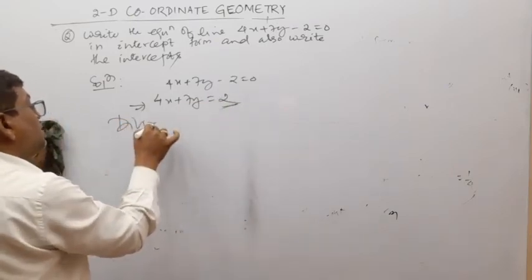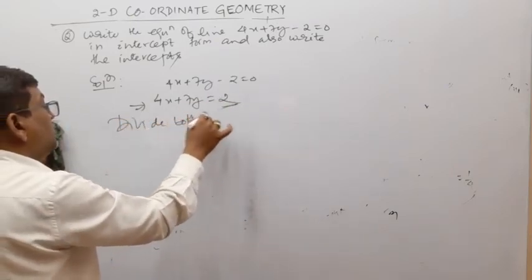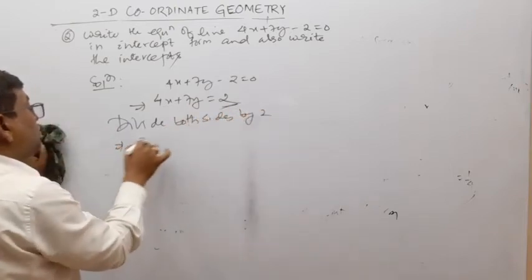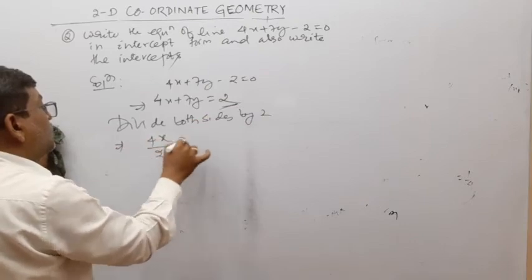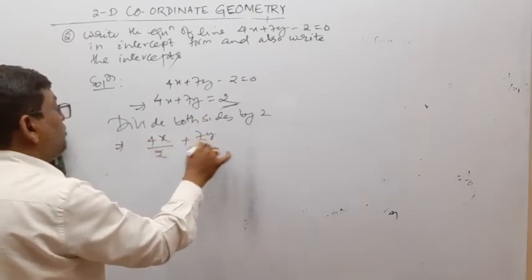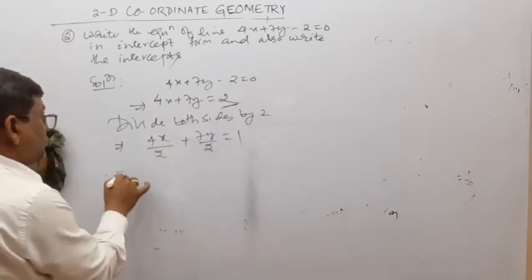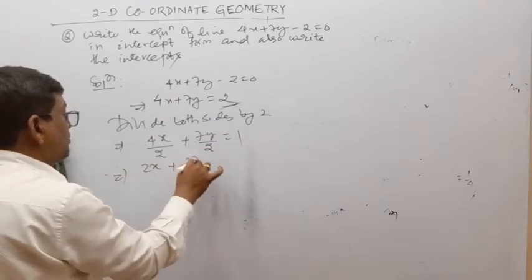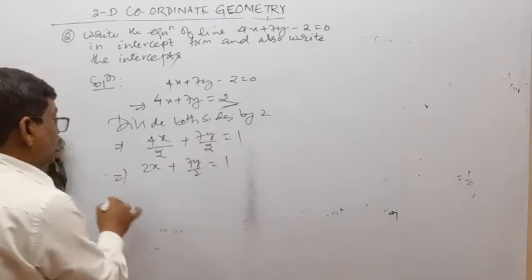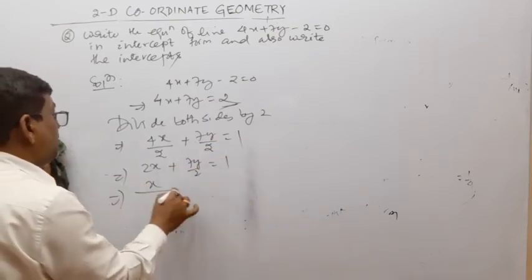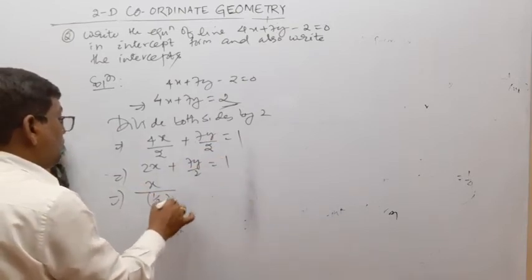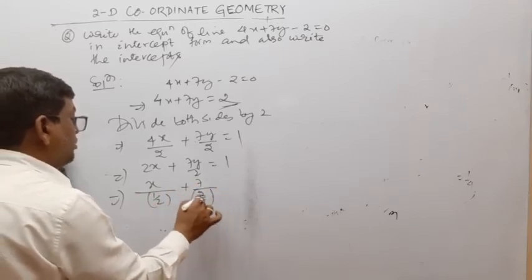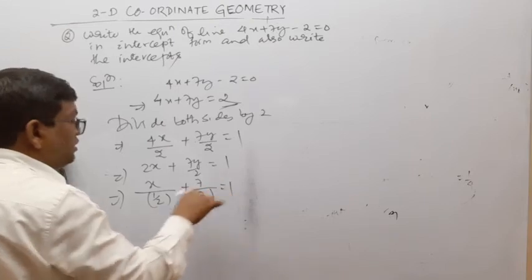So divide both sides by 2. That is 4x by 2 plus 7y by 2 is equal to 1, that is 2x plus 7y by 2 is equal to 1. Or this can be written as x by 1 by 2 plus y by 2 by 7 is equal to 1.